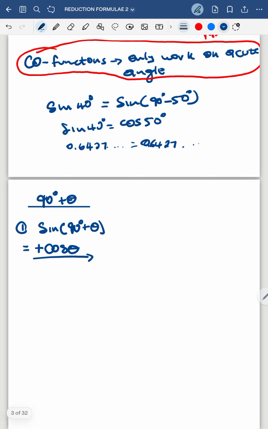Number 2, coming now to cosine of 90 degrees plus theta. How is cosine in the second quadrant? Because 90 degrees plus theta is in the second quadrant. It's going to be negative. Then what is the cofunction of cosine?